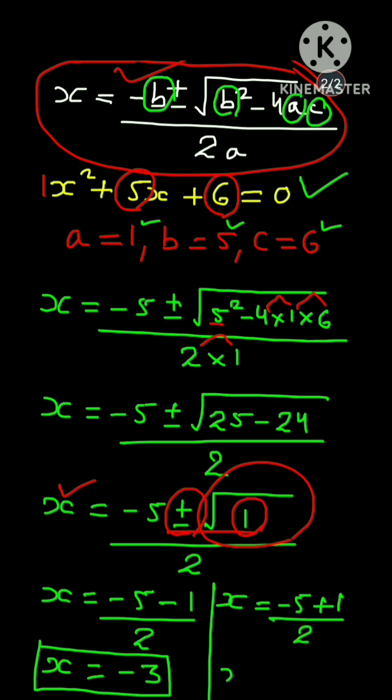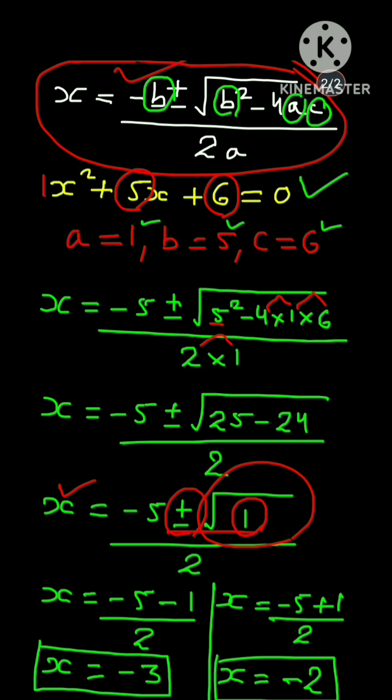Then x equal to minus 5 plus 1. After subtracting, we will obtain minus 4, and that minus 4 should be divided by 2. Then finally we will obtain minus 2.